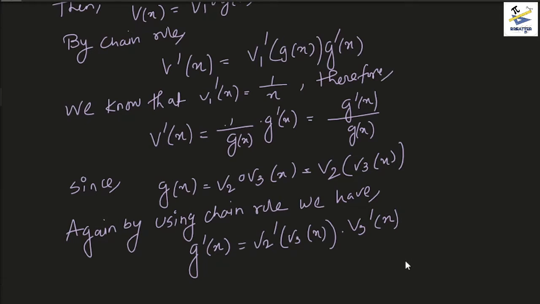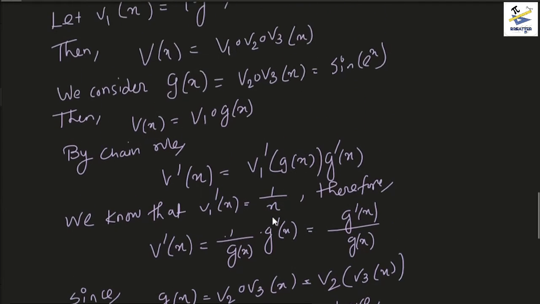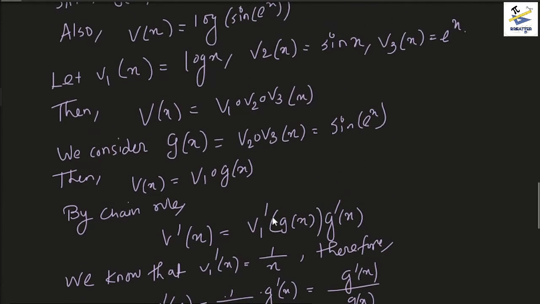We can see that v2 of x was sine x and v3 of x was e to the power x. So their derivatives are: v2 prime of x gives cosine of x, and v3 prime of x is e to the power x itself.